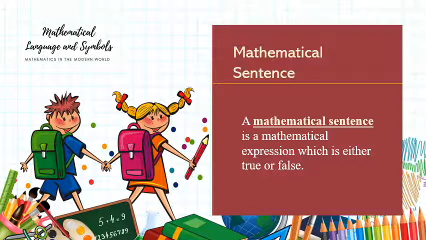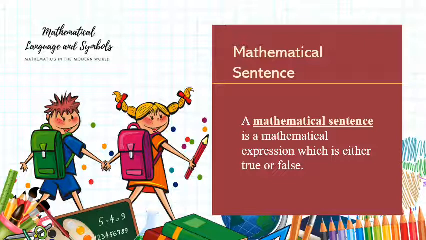With this in mind, the expressions 25 plus 1 equals 26 and negative 4 minus 5 equals 9 are both examples of a mathematical sentence, although 25 plus 1 equals 26 is true and the second is false, because negative 4 minus 5 should be negative 9.